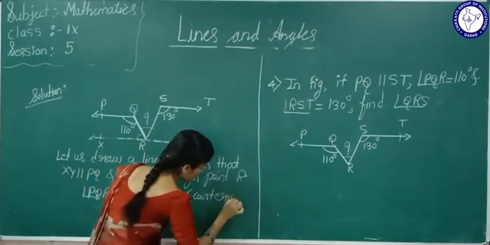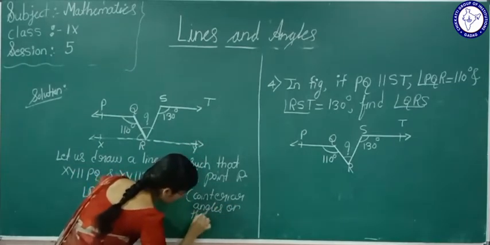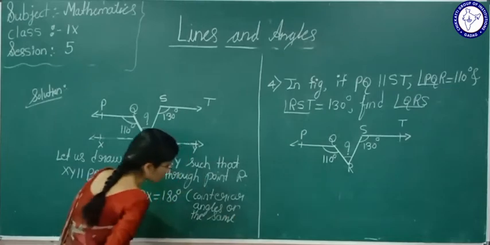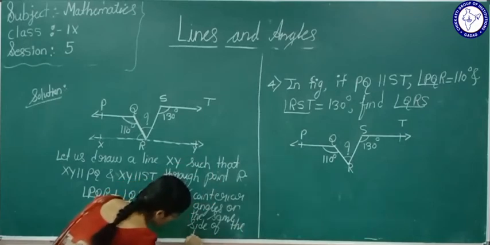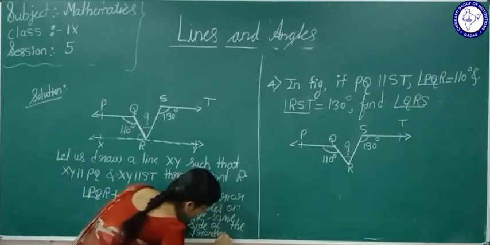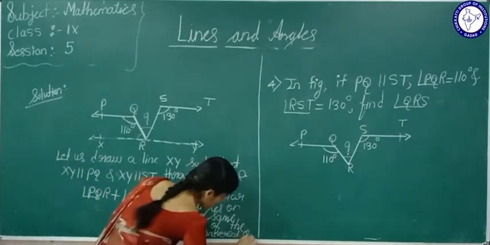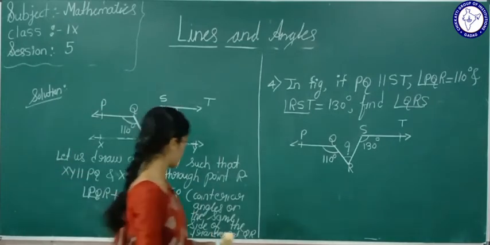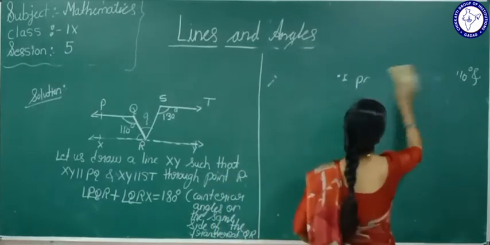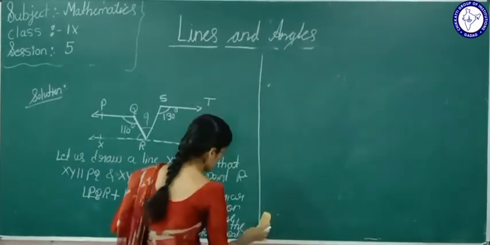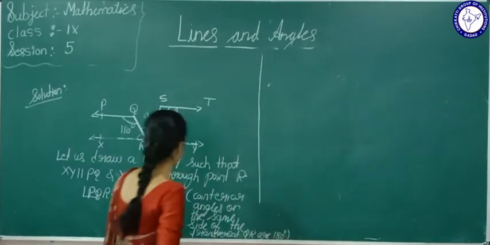Co-interior angles on the same side of the transversal QR are supplementary, which is nothing but 180 degrees, that is supplementary.